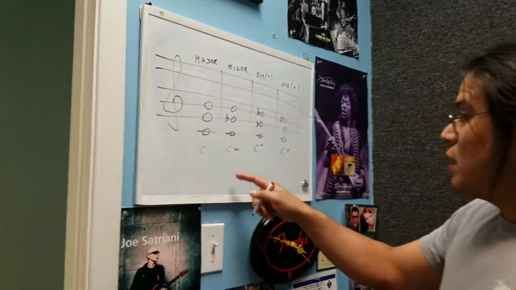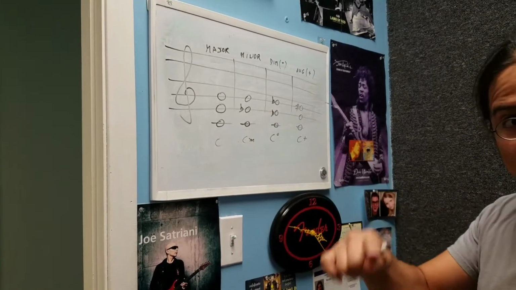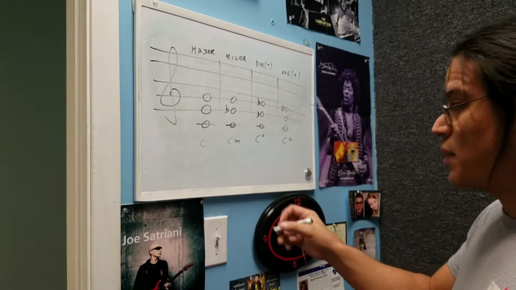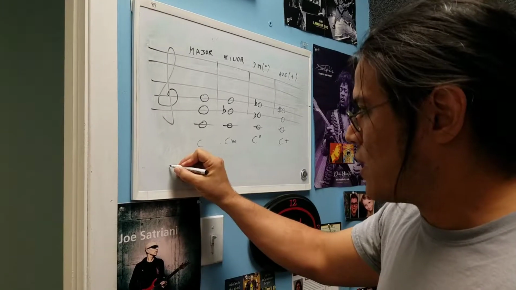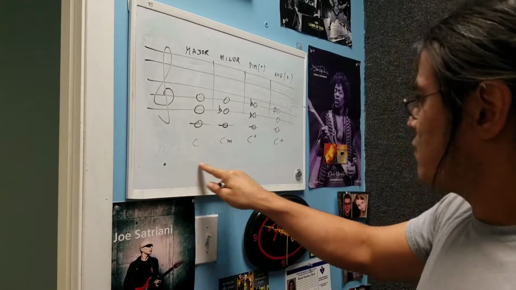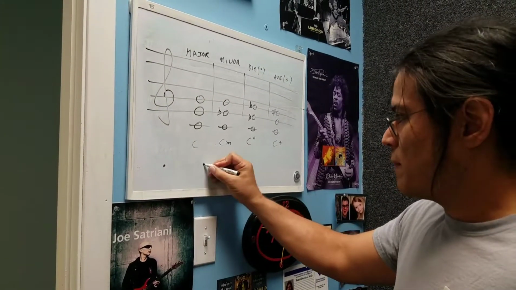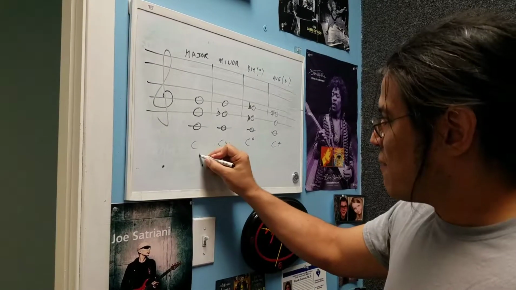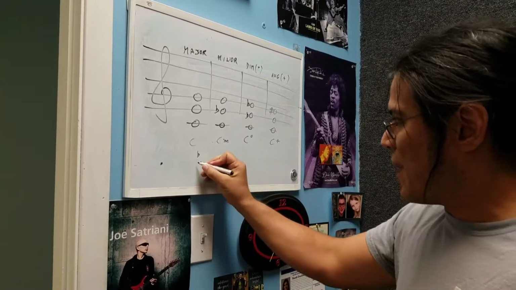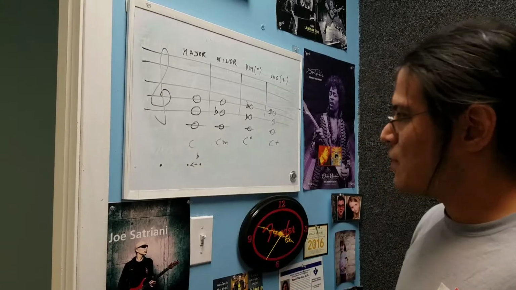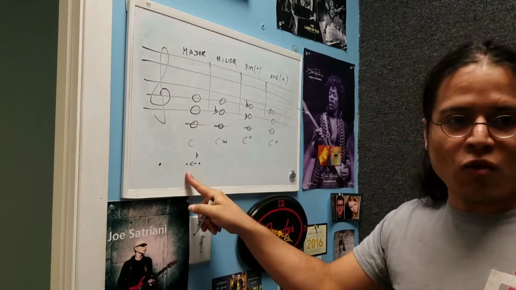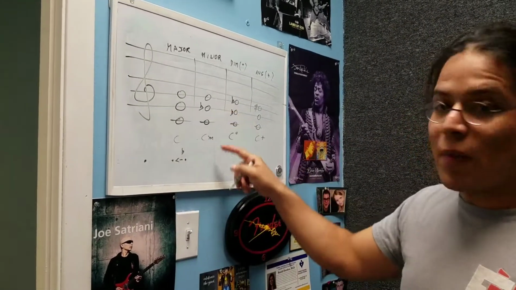A flat lowers your note by a half step. So if I have point A right here, and let's say my third is this far away, the moment you add a flat, you're moving this point back by a semitone, effectively making the interval smaller. That's what's called minor.